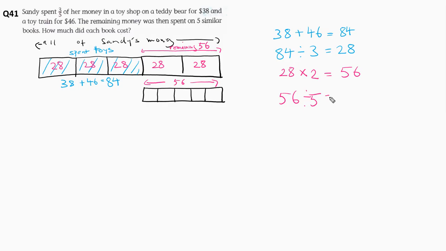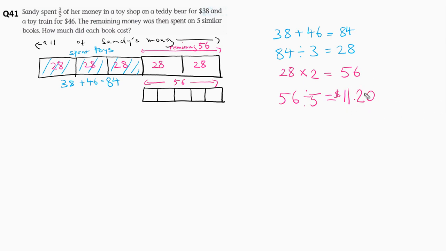And if we divide 56 by 5, we get 11.2, but because this is money, this is actually 11.20. I will show you how we do that because you might not be confident at doing divisions like this yet.